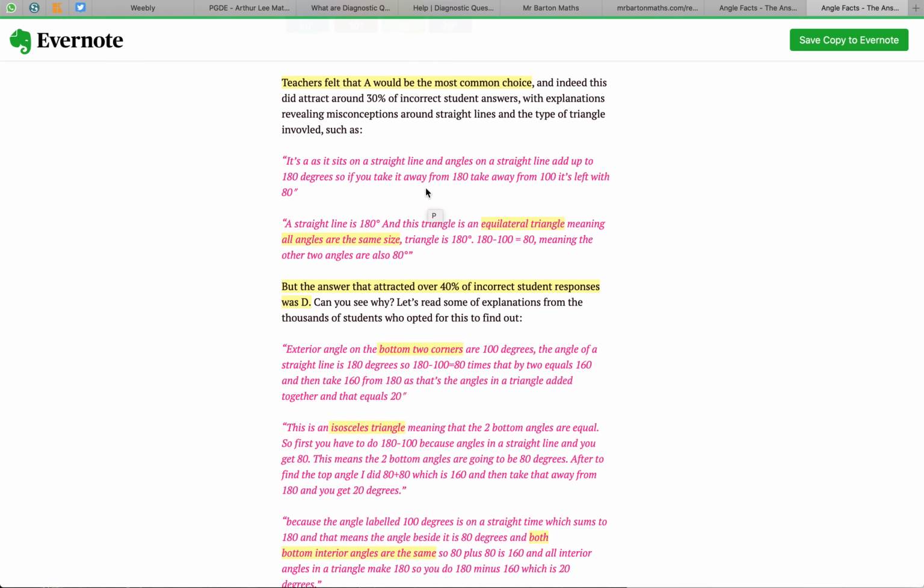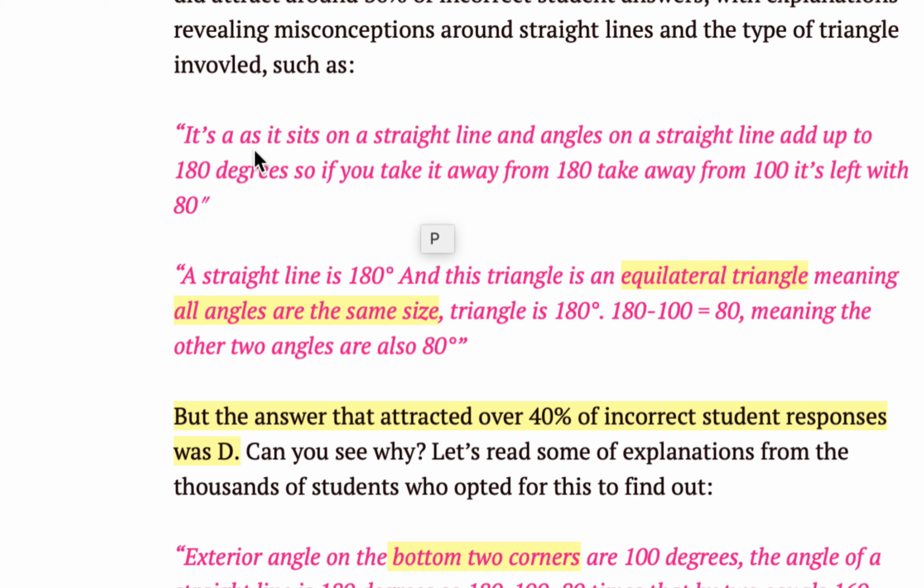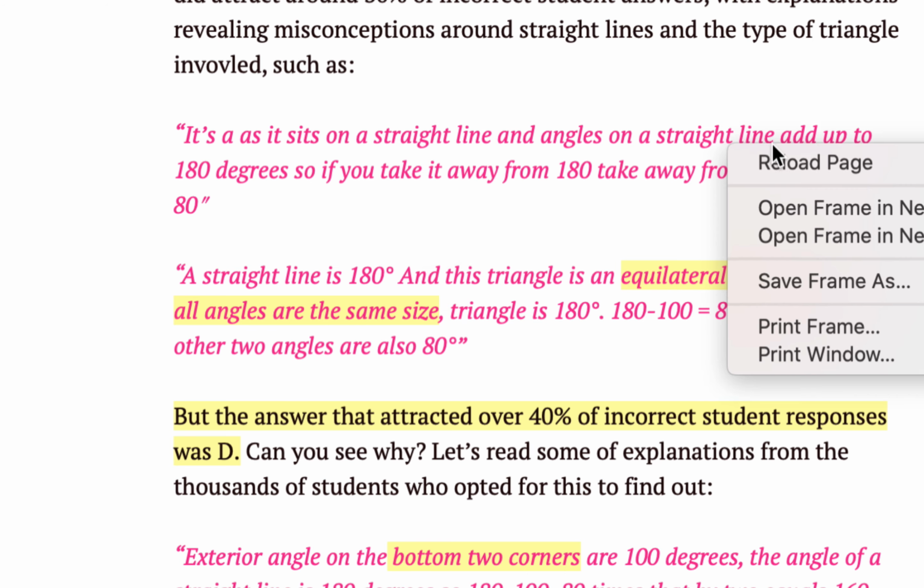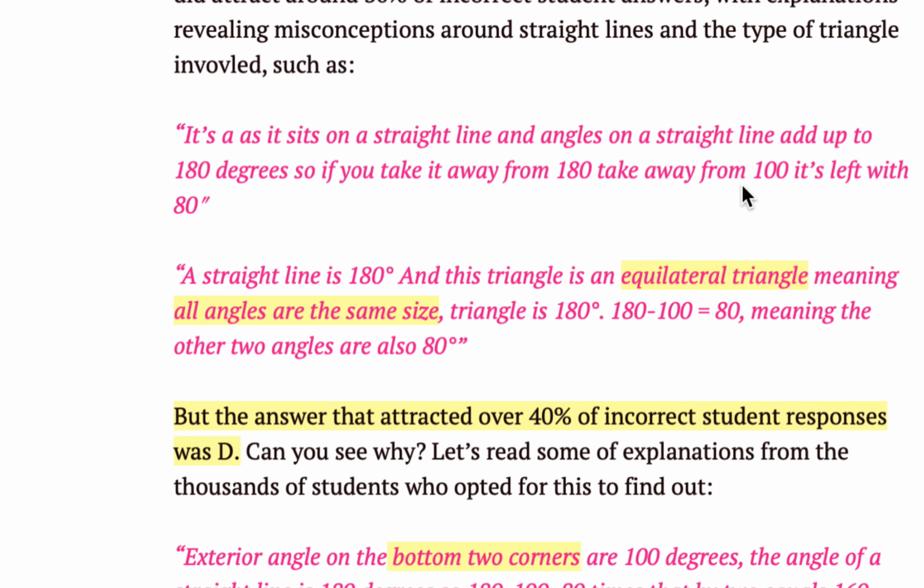If you choose the student's explanation, you can see what they have written, and these illustrate some ideas that the students have in giving the answer A in this figure. For example, these students write down here A sits on the straight line, and the angles on the straight line add up to 180 degrees. That's why they choose 80 degrees as the answer.